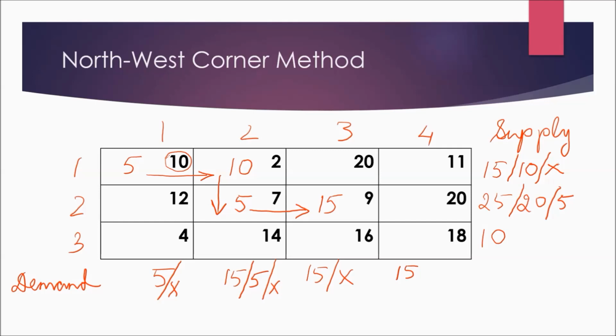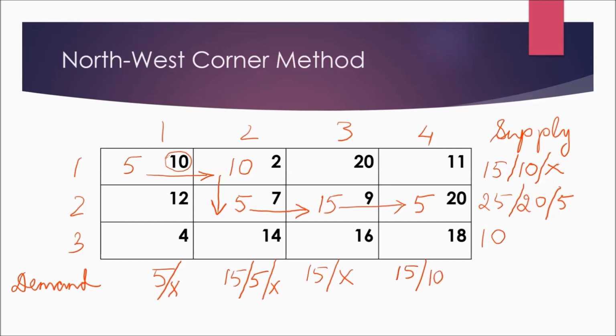Then we move on to the fourth destination. Now in the fourth destination the demand is 15 and the supply of the second source is 5. So the maximum possible we can allocate is 5. And the remaining demand is 10.